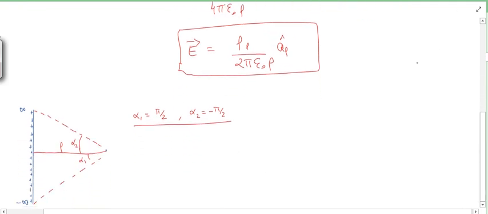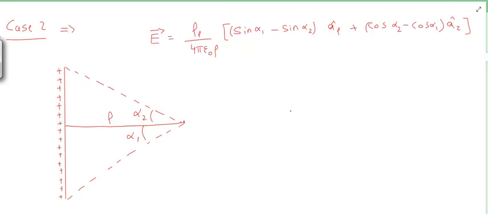So now we will see case 2. Now case 2 is my field point is such that it is in the middle of the line charge. By middle I mean this perpendicular distance is bisecting this line charge. So as this is bisecting, these angles' magnitudes will be equal.